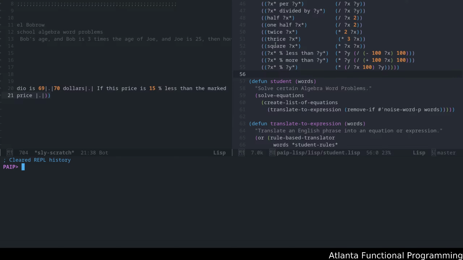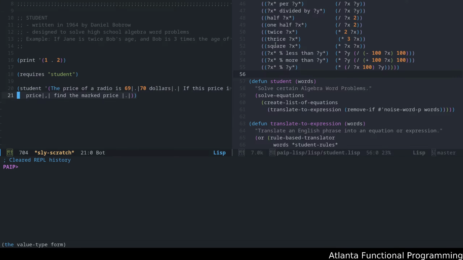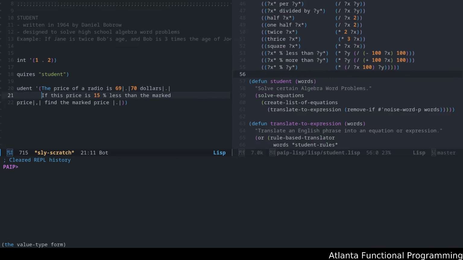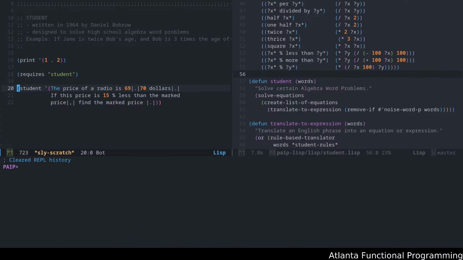So let's do that. And just for my sanity, since this is now officially a Lisp list, I can see everything here.